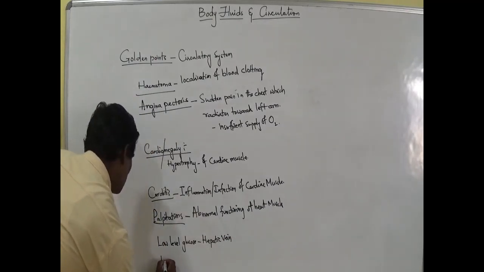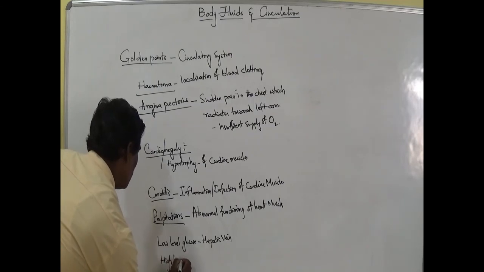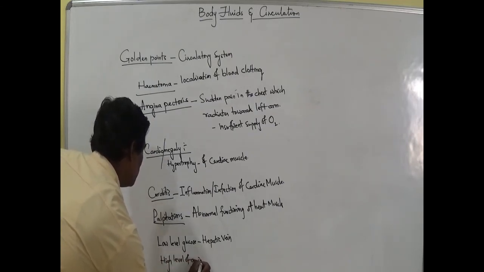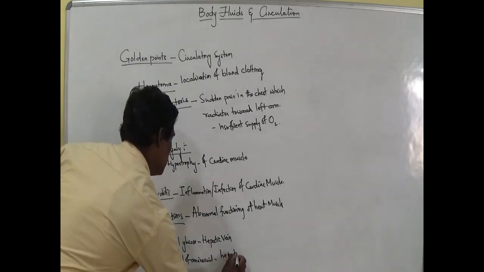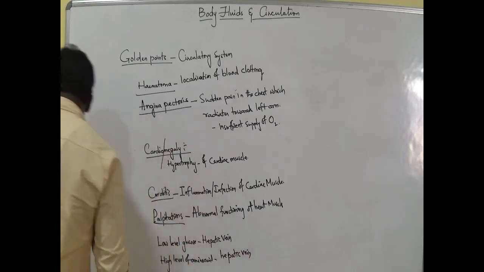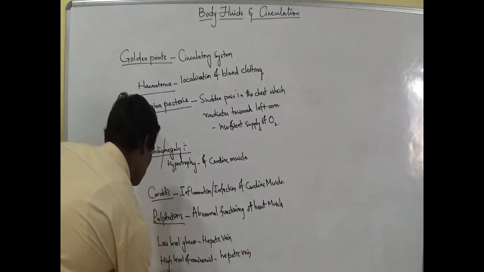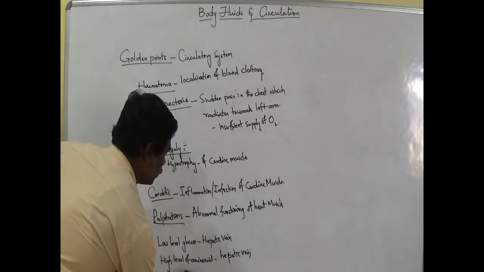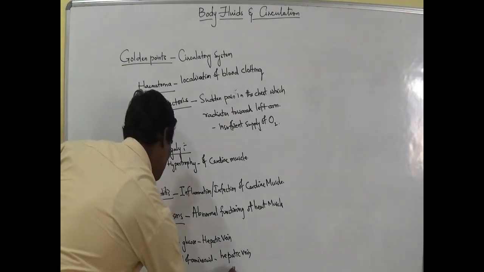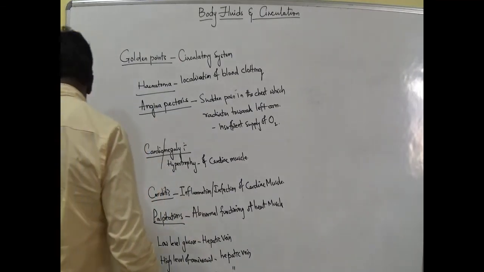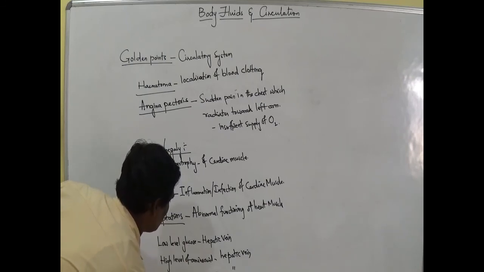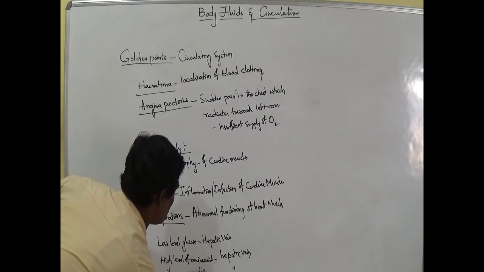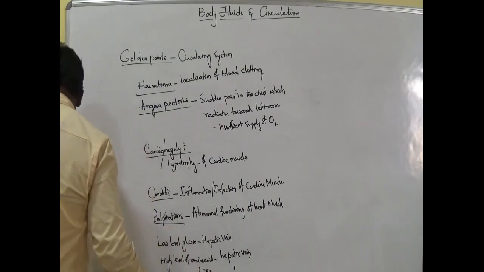High level of amino acids are usually found in hepatic vein, as well as the highest level of urea is also seen in hepatic vein, whereas the lowest level of urea is in renal vein.